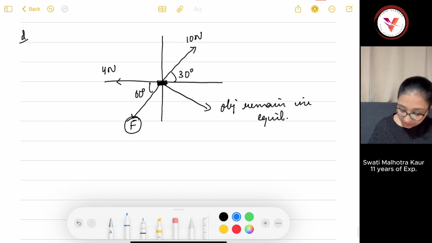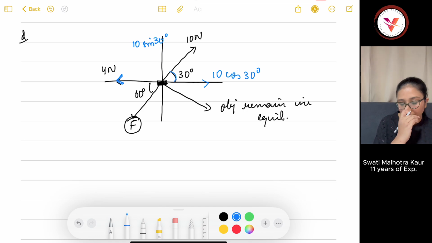Now this 10 gives you here 10 in the direction of theta gives you cos 30 degree. This gives you 10 sin 30 degree. Where there is no angle, this is only along x-axis, you don't have to resolve it. This force can be resolved here, it becomes F sin 60 degree.